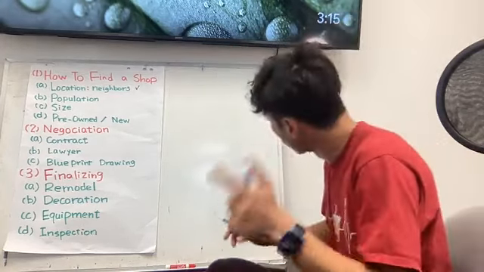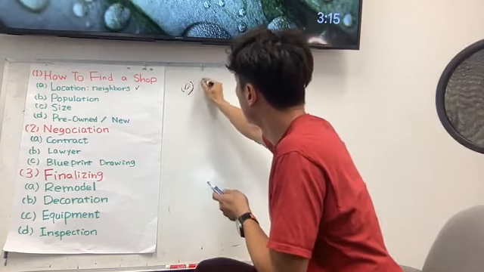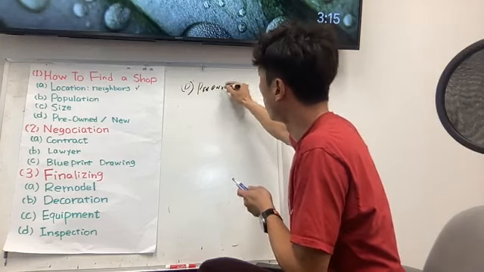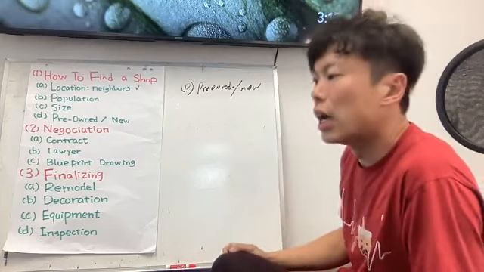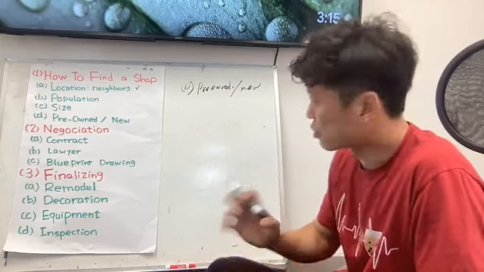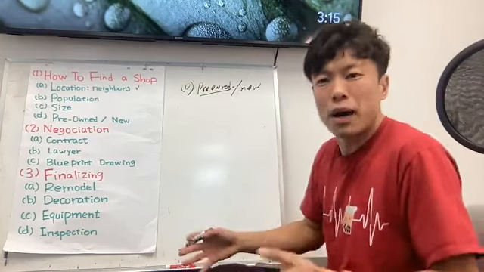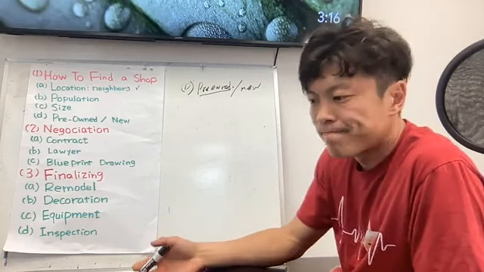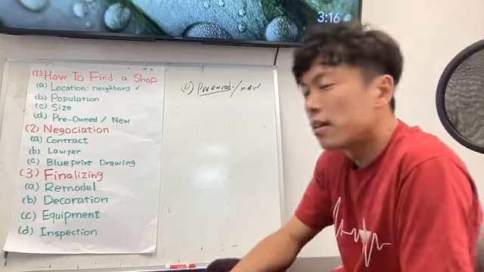Number 4, the last one. Pre-owned or new. That is a little bit critical for the budget, for the cost. That's so important, because if you have a really good spot and the previous owner worked with a coffee shop, and now you want to transfer the coffee shop into a tea shop, that's so easy.